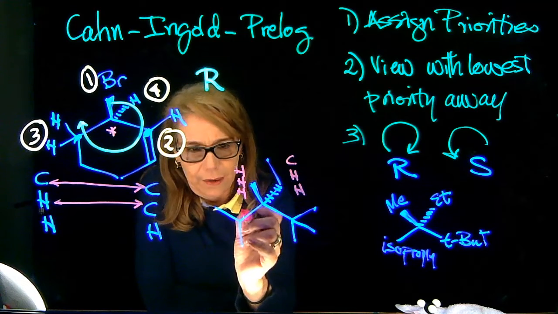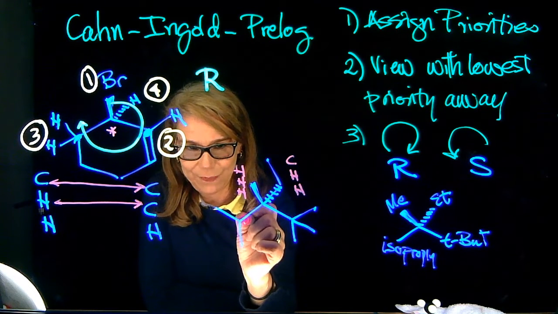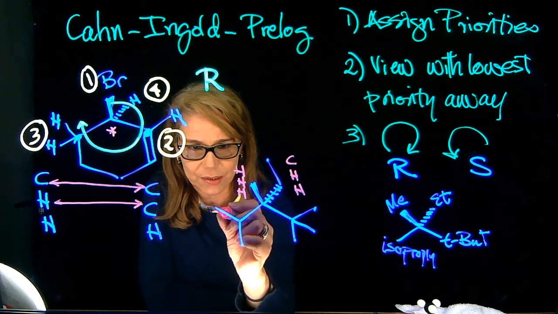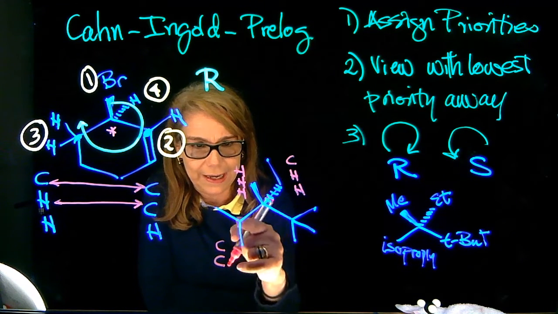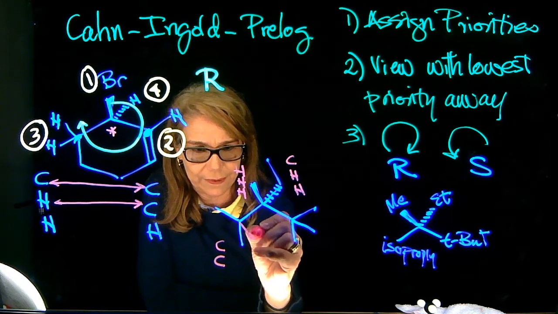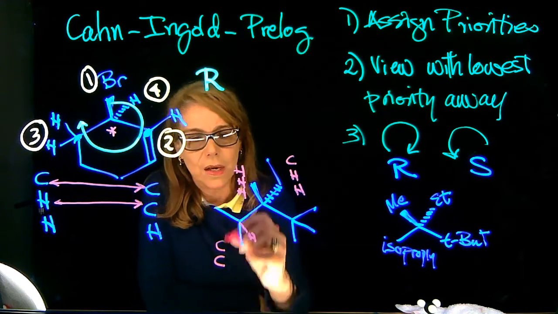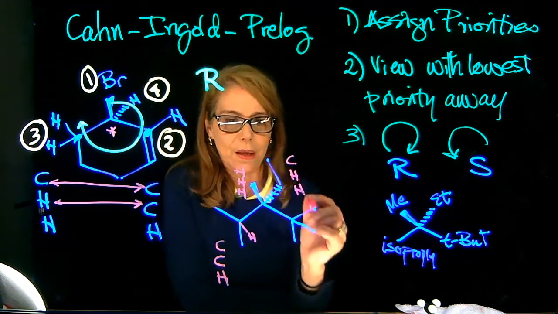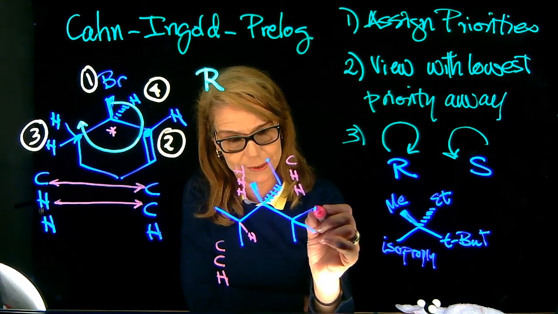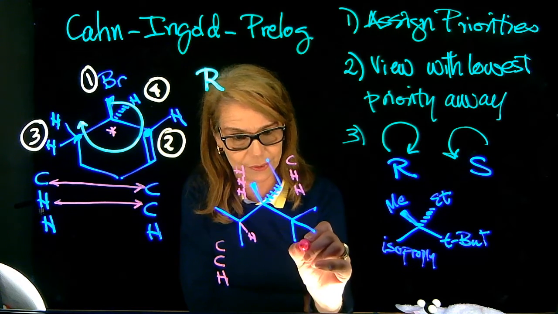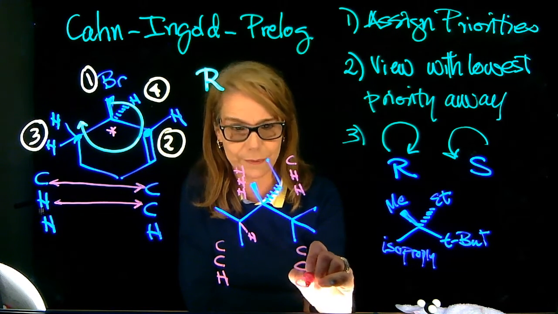Now, the carbon that I'm pointing at right now has a bond to another carbon, carbon, carbon, and a hydrogen. Remember that this is here. So carbon, carbon, hydrogen. Now, the carbon on the other side has a bond to carbon, carbon, carbon. So I'm going to write carbon, carbon, carbon.